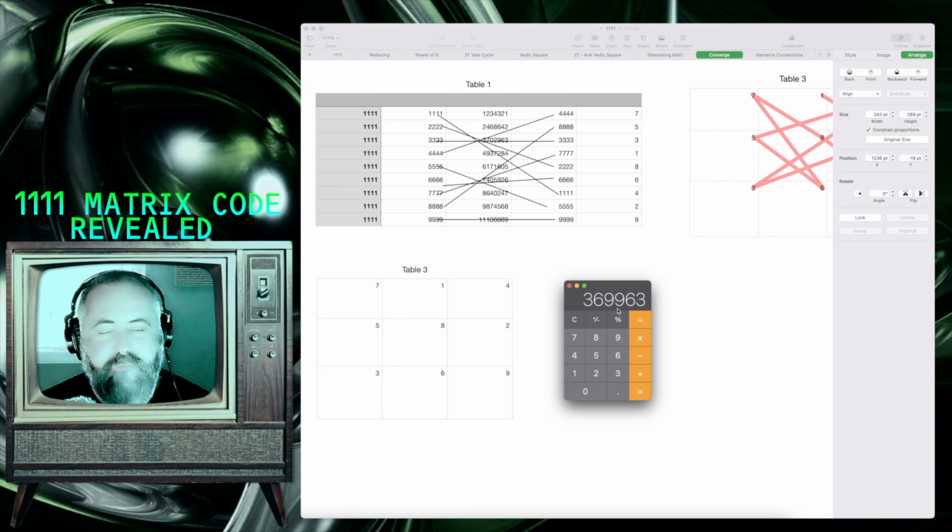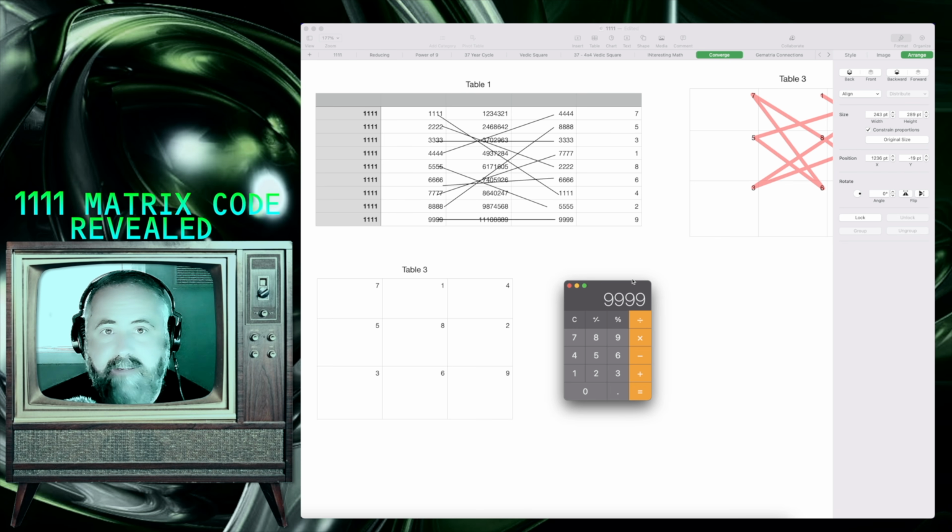And also, if you apply the code, the last four digits, 9963 plus 36 is back to 999. Okay, I screwed that up, but you can see that that's how it comes back.